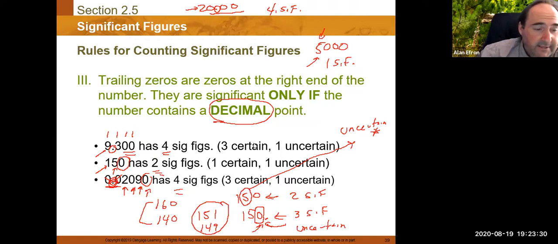That is not a great measurement, because basically it could be as big as 6,000, right? And it might be as small as 4,000, right? That's a pretty big range for where the actual number may be. Now, if you put the decimal point on at the end, it would then have 4 significant figures, and the uncertain number would be here. The uncertain number in the first one would be here.